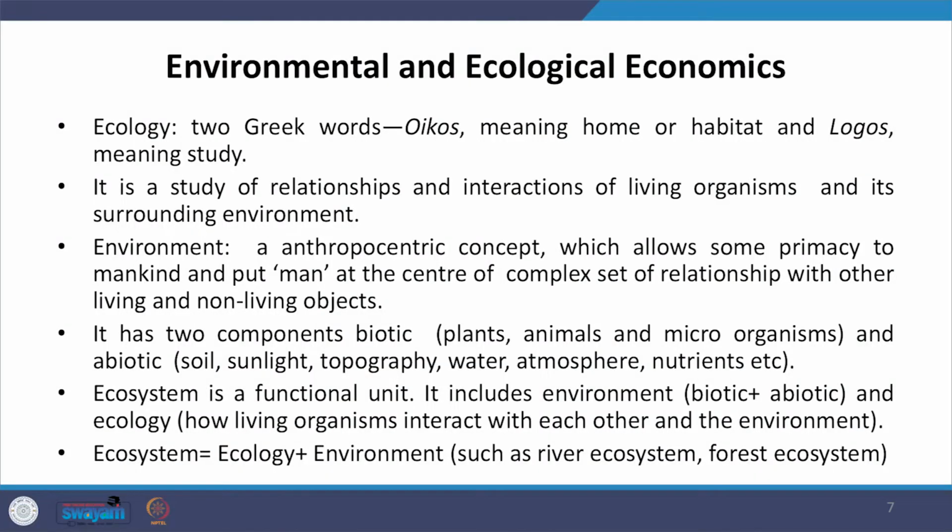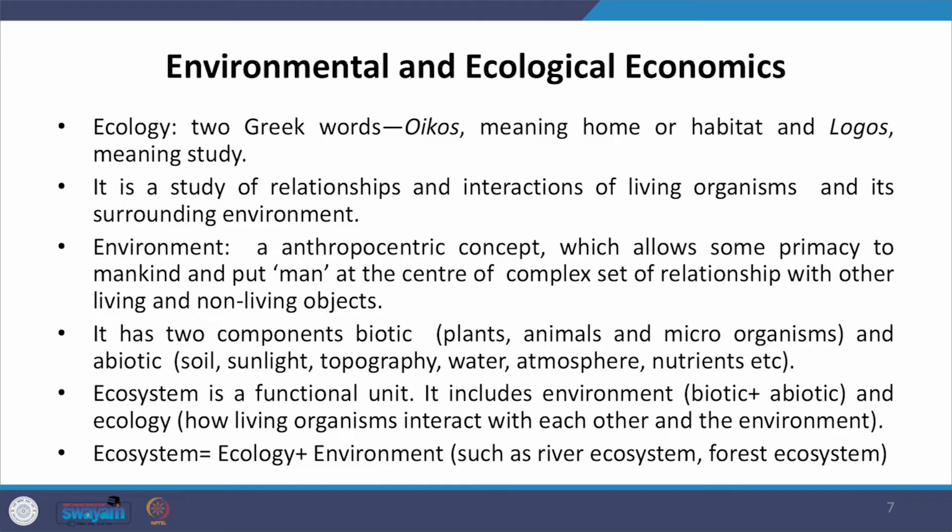But before that, to understand the difference, you should know what is ecology, what is environment and what is ecosystem. Without properly understanding these three terms, we would not be able to understand the difference between environmental economics and ecological economics. So, what is ecology? Ecology is made from two Greek words, oikos, which means home or habitat, and logos, which means study.